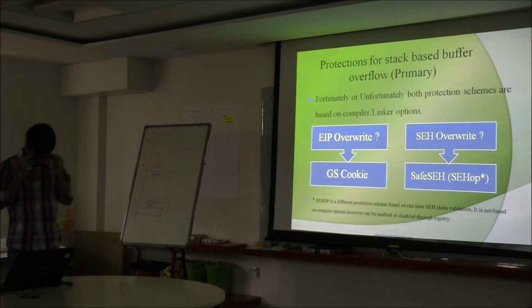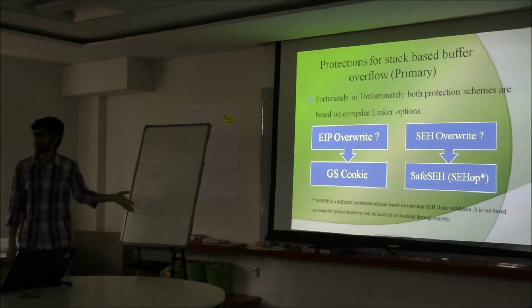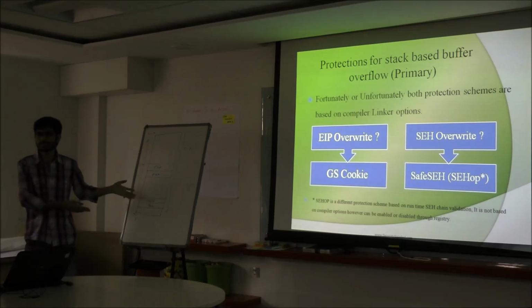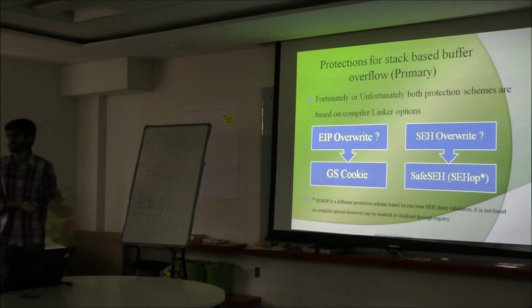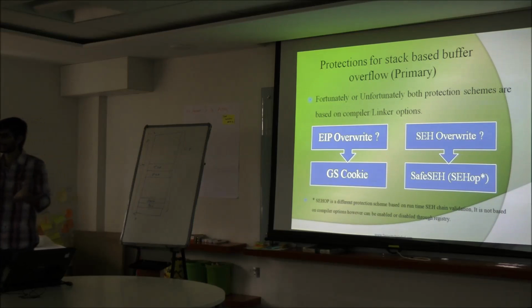Now, we know that here we have the EIP overwrite and the SEH overwrite. We previously exploited these things. In the previous session, we explained how you can easily manipulate them and get control of the entire system.